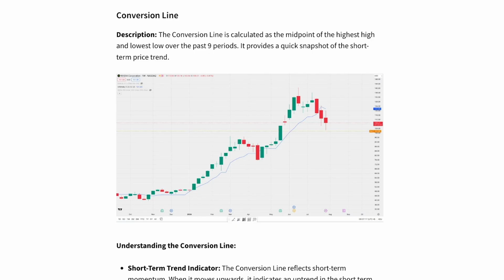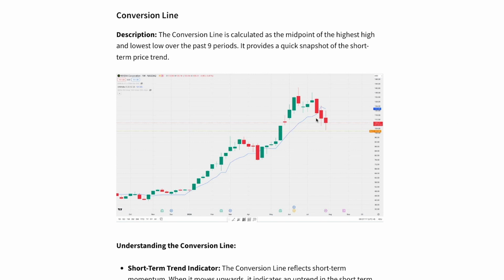Okay, so first up is the conversion line. That's blue on my charts, and basically this line is sort of like an exponential moving average. What it does is it calculates the midpoint from the highest and the lowest over the past 9 periods. And it provides sort of a quick snapshot of the short-term price action.